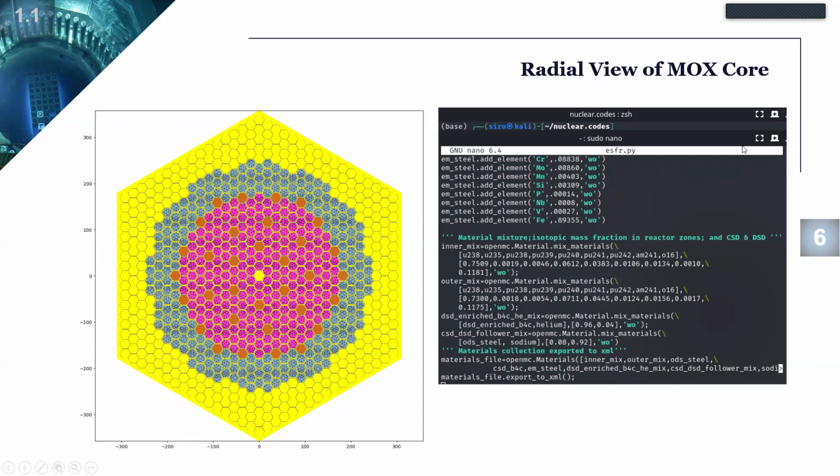They are hexagonal in shape. The wrapper material is EM 110 steel, which is also defined here: about 89% iron and about 0.8% molybdenum and so forth. All of this is indicated in the materials file. So let's move on to the next slide, please.